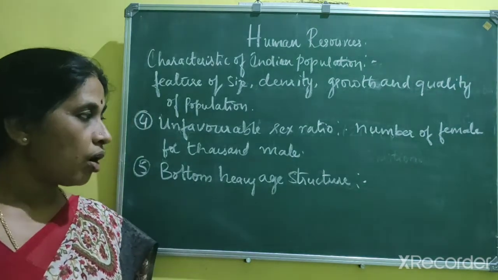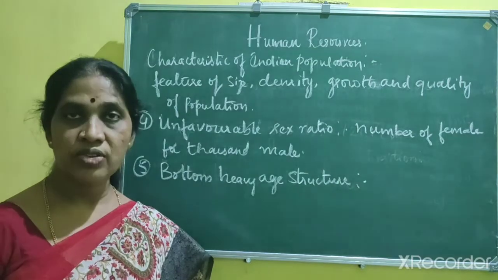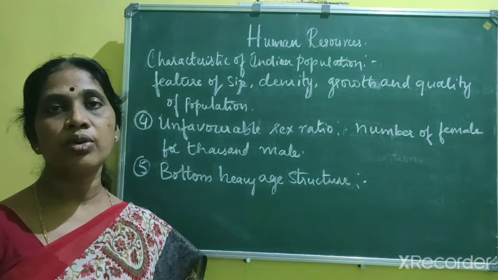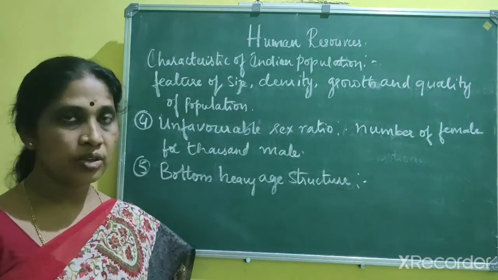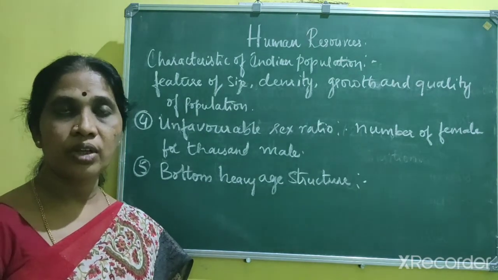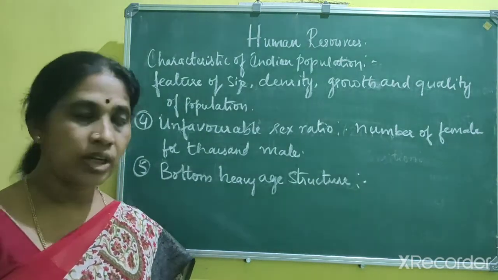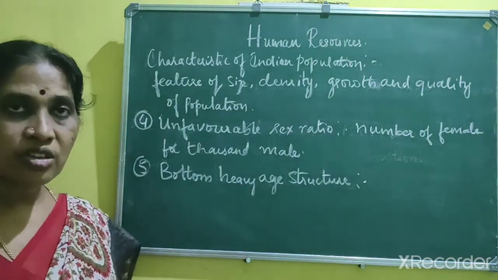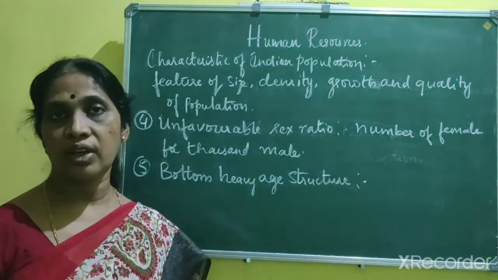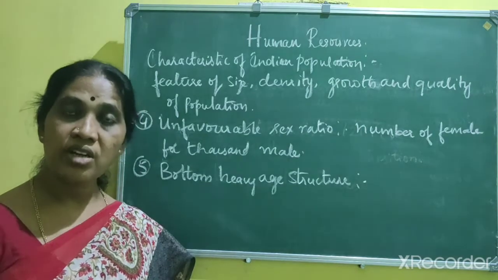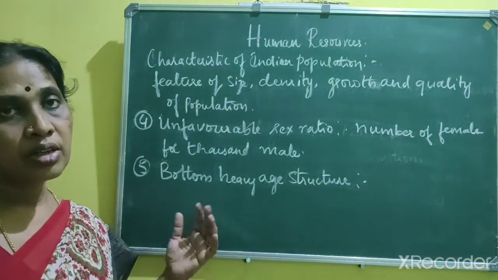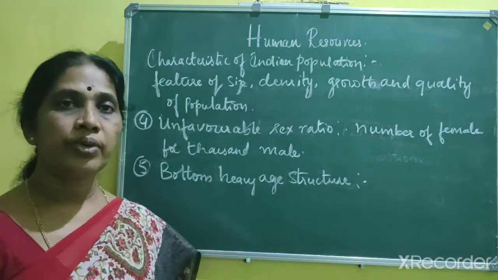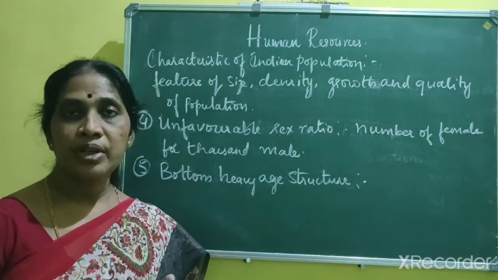According to the 2011 census, children below 14 years are 30.1%. So this leads to a high dependency ratio. The main reason for this is the high birth rate, which is mainly responsible for the large number of dependent children for adults.